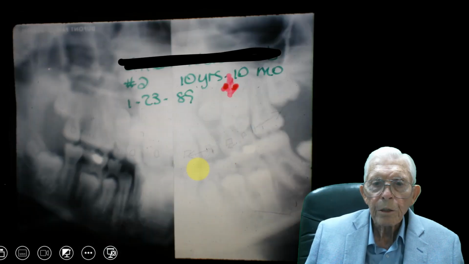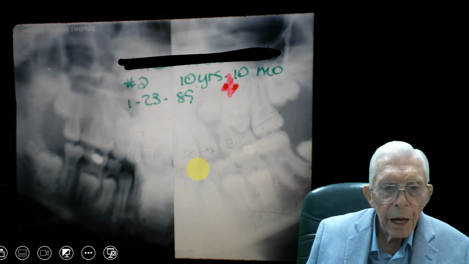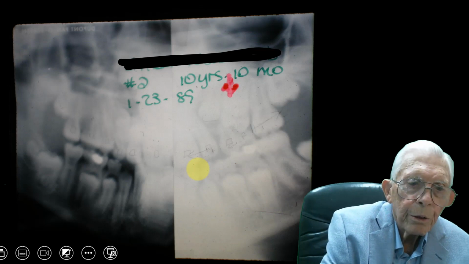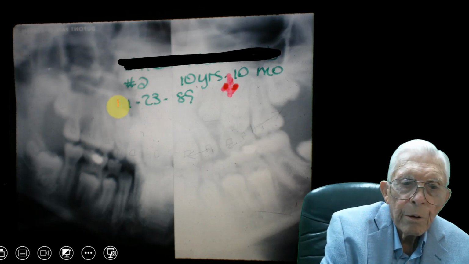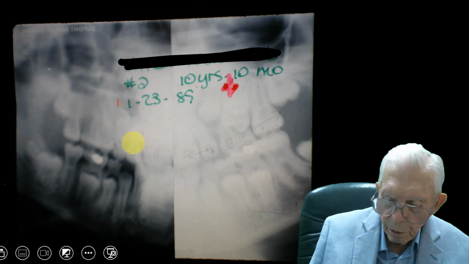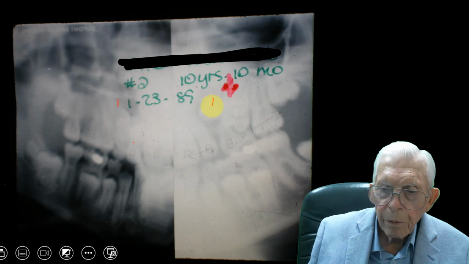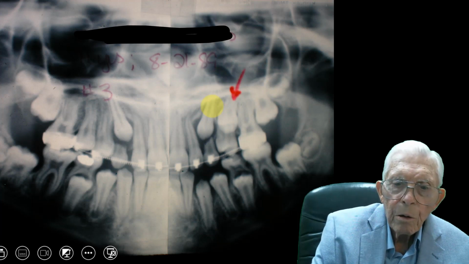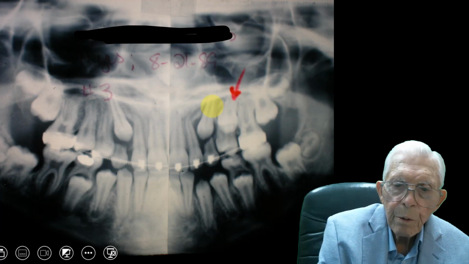The next record was January 23rd of '89, and we see the cuspid tooth coming up in here, running into this lateral. So we need to do something with that. Here we come in and put a spring on the teeth.